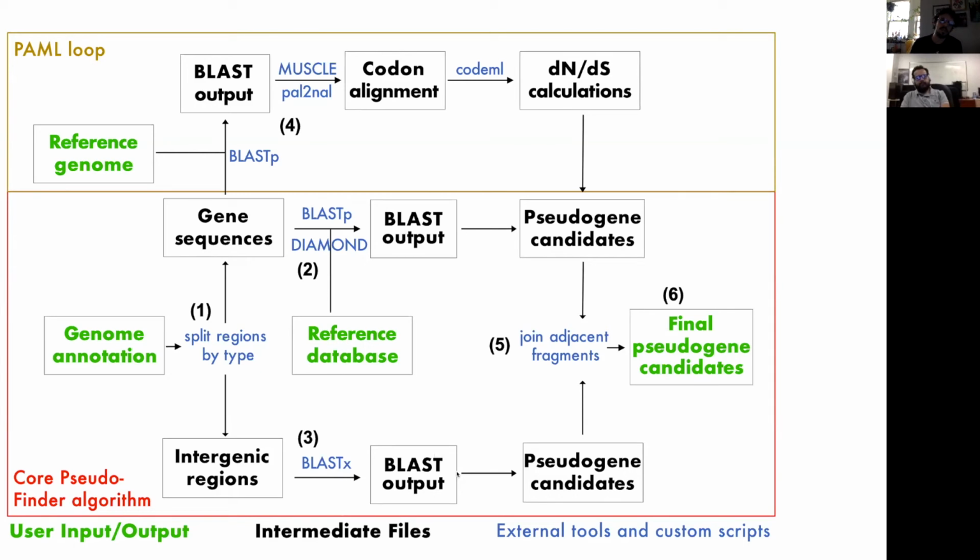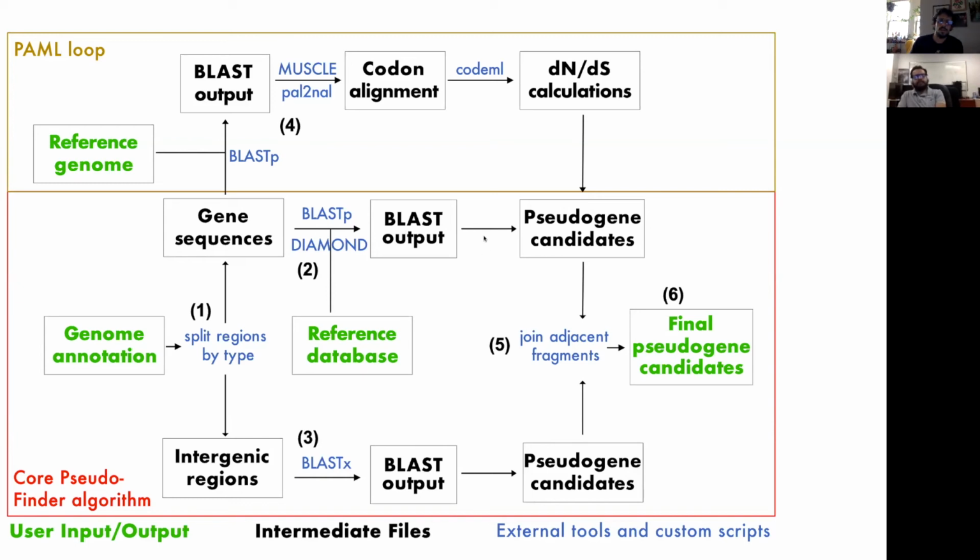If that region has a BLAST hit in the database, then it's assumed to be a remnant of a gene. You could also alter those parameters: you can tell it that if there are at least 5 hits or 10 hits or 15 hits to something in the database for this intergenic region, only then call it a potential flagged pseudogene.